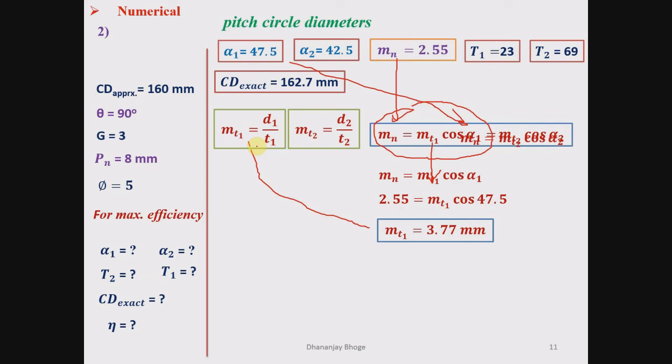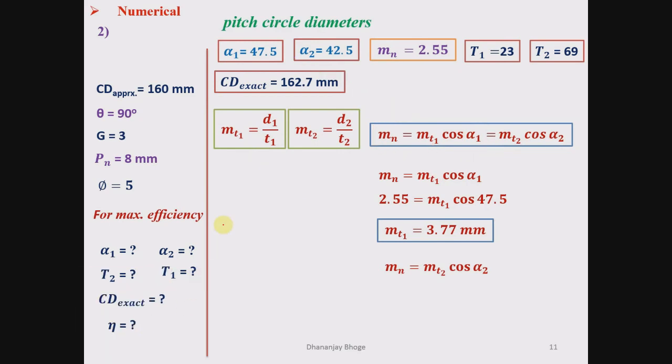ठीक आहे. आता Mt2 काढा. Mt2 is equals to Mn upon cos of alpha 2. करेक्ट. मग याला इकडे टाका. आता फाइंड आउट D2.